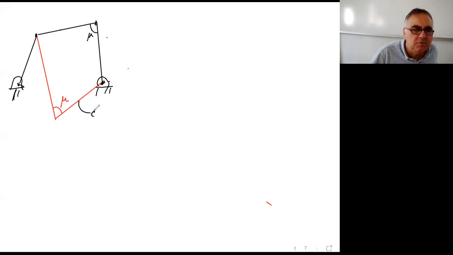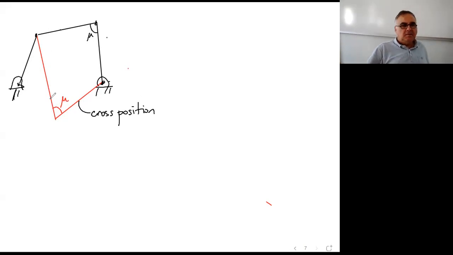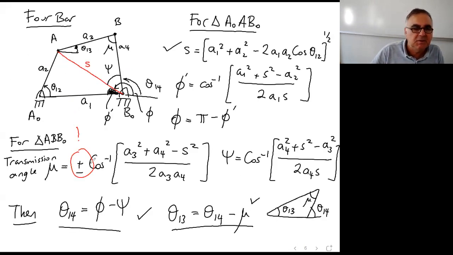This one is called the cross position of the mechanism. Okay. Therefore, the solutions we obtained in the previous page has two possible solutions, plus and minus.